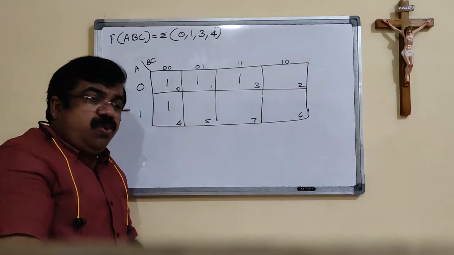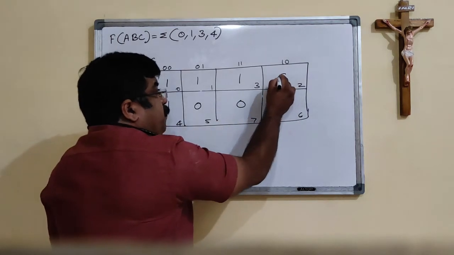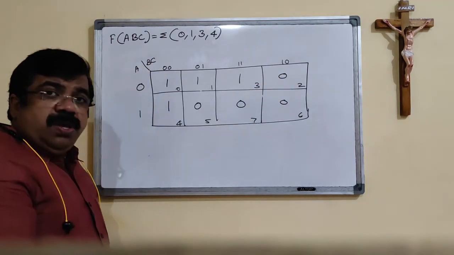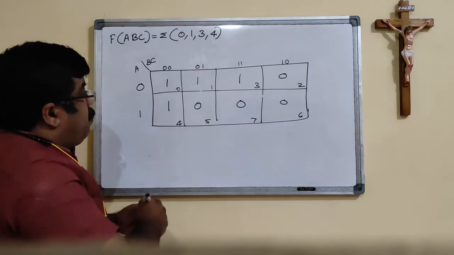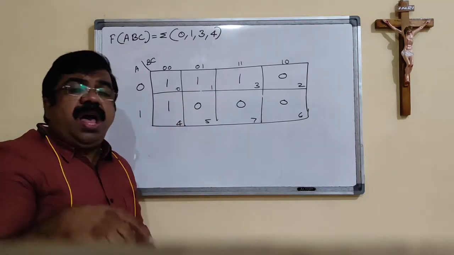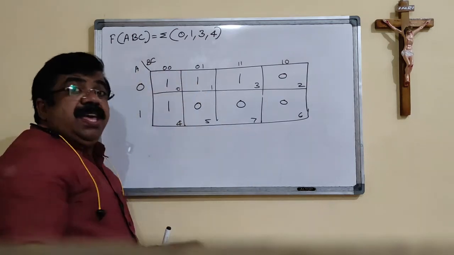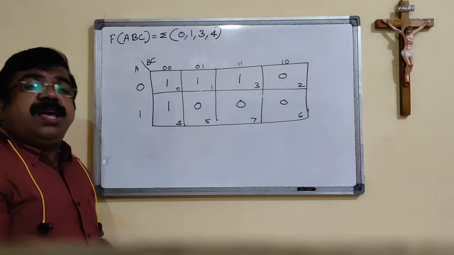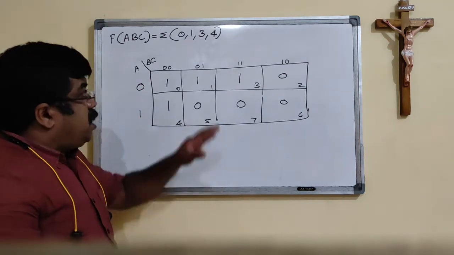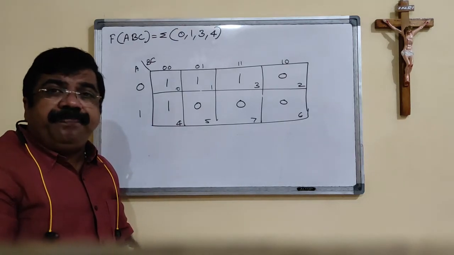Now what we have to do? Fill all the other squares with the zeros. It shows that the minterms 0, 1, 3 and 4 are having the output 1. That is why the canonical expression was written in the form of cardinal 1.